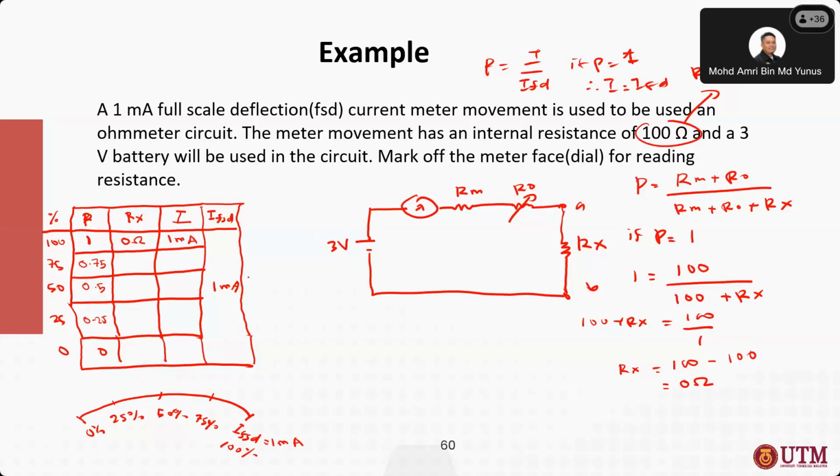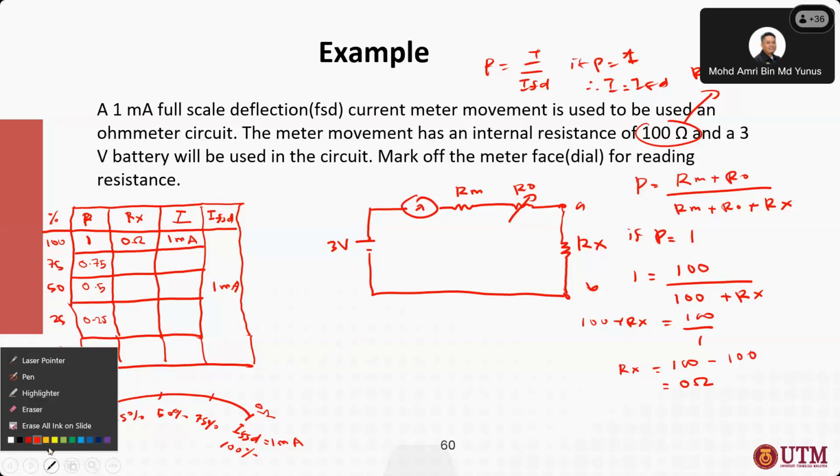So for the sake of exercise, we put the value of I. It means that when the ratio is equivalent to 1, RX here is 0, and the current that flows is equivalent to the IFSD. So that meets our concept so far.